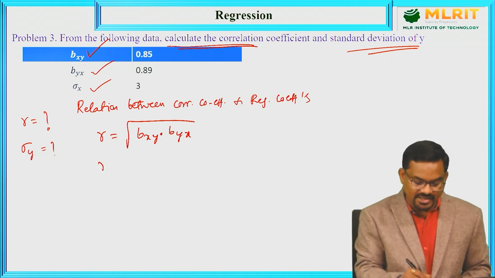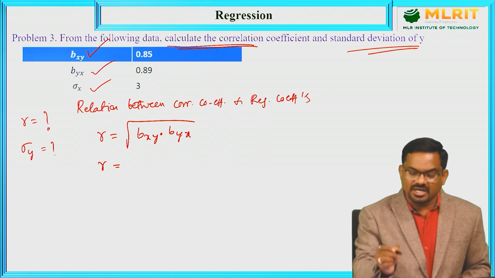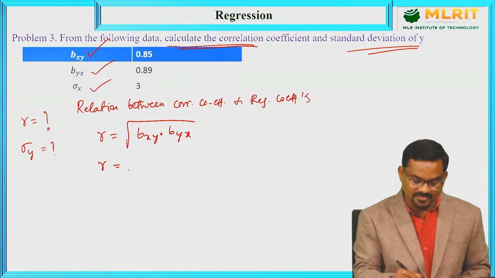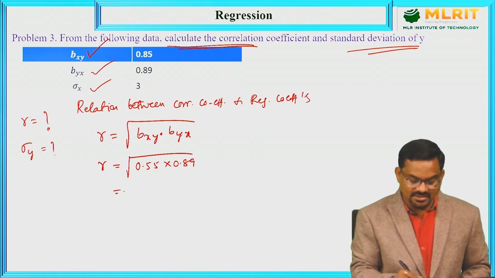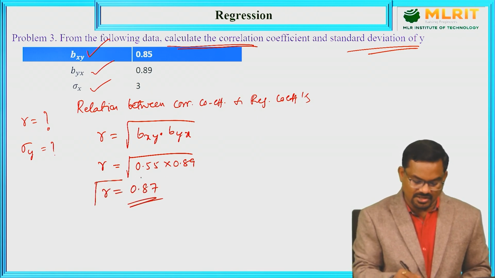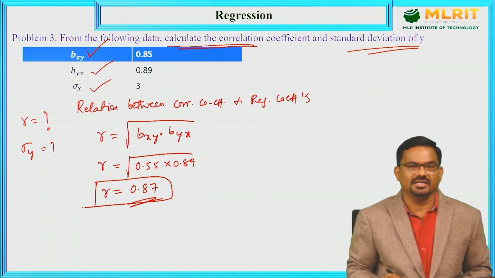So first we calculate the correlation coefficient using this relation. So under root bxy is 0.85 multiplied by 0.89 and the answer is 0.87. So this is the correlation coefficient calculated using the relation between correlation coefficient and regression coefficients.